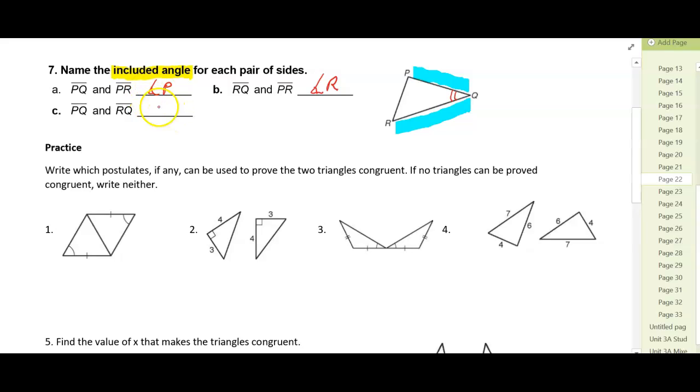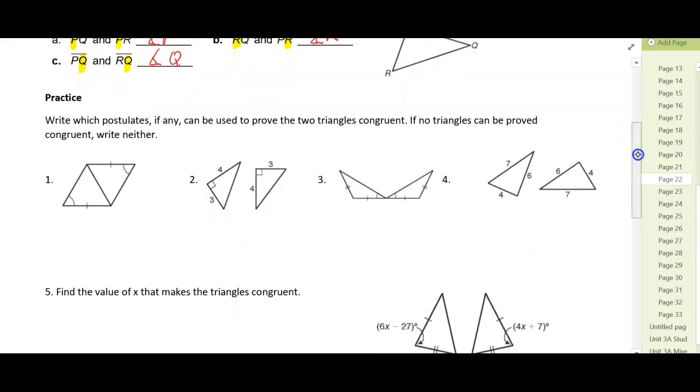So angle Q. If you were to look for a pattern here in problem number 7A, you might notice that the P is in common. In B, you might notice the R is in common and the included angle is R. And in part C, the Q is common between those two segments and it's angle Q.